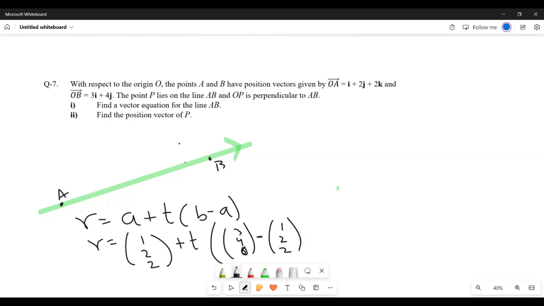So then the equation of this line would be r equals 1, 2, 2 plus t times 2, 2 and minus 2. That is the equation of line passing through points A and B.